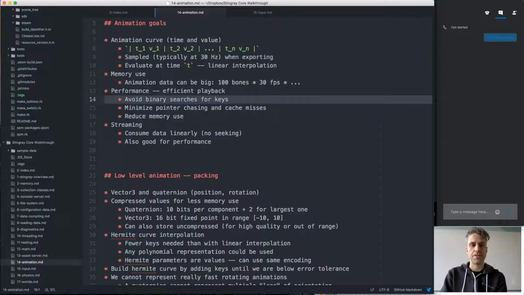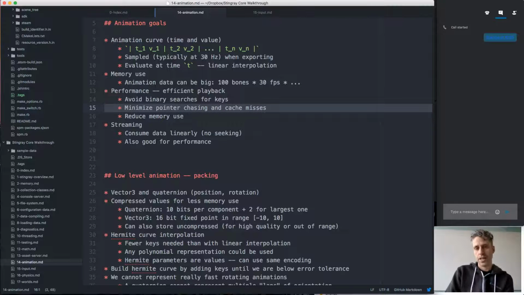But a binary search would be O(log n) in the number of keys. And then we have to do that for every bone, for every animation. It quickly becomes quite expensive, so we want to avoid those binary searches.